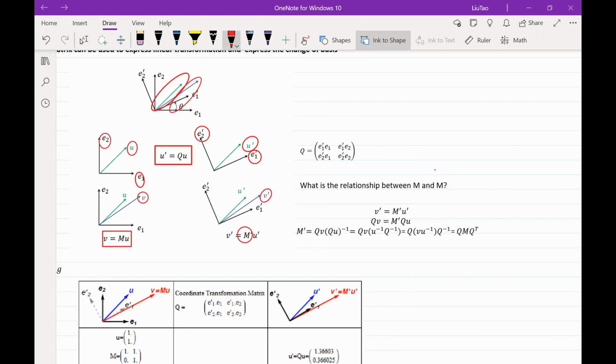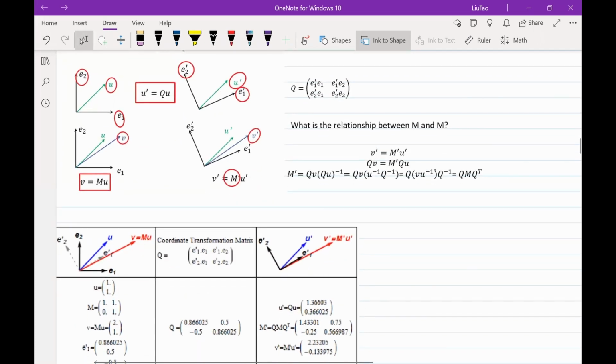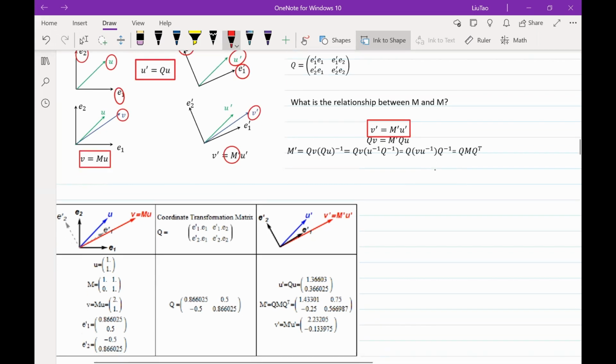Now, what's the relationship between M and M prime? We can just use this formula. We know V prime is equal to M prime times U prime, and V prime is equal to QV, and U prime is equal to QU. Then M prime is equal to QV times QU transpose.